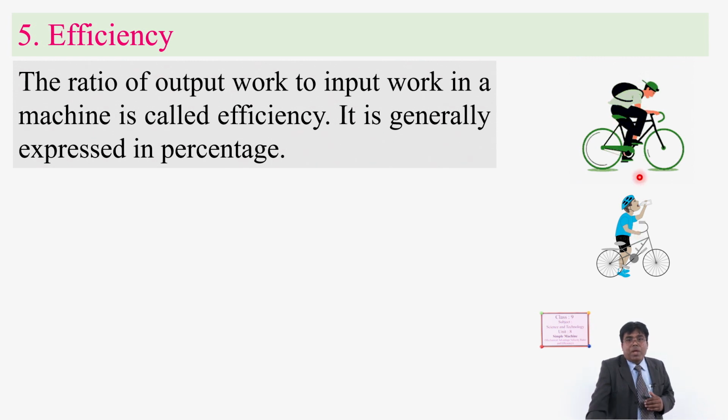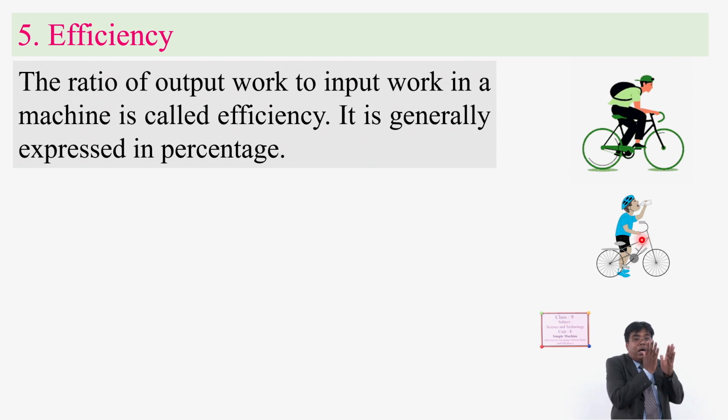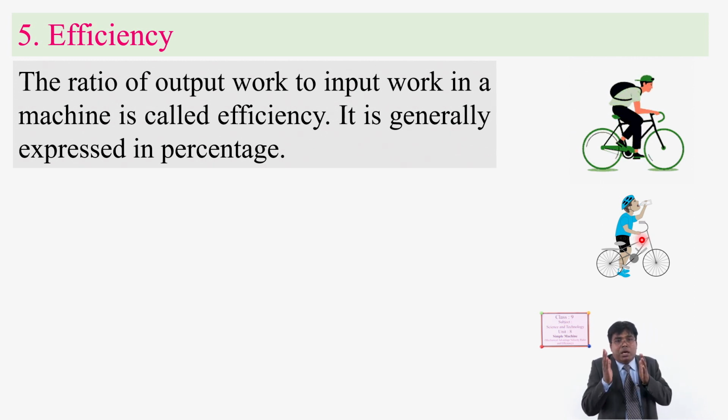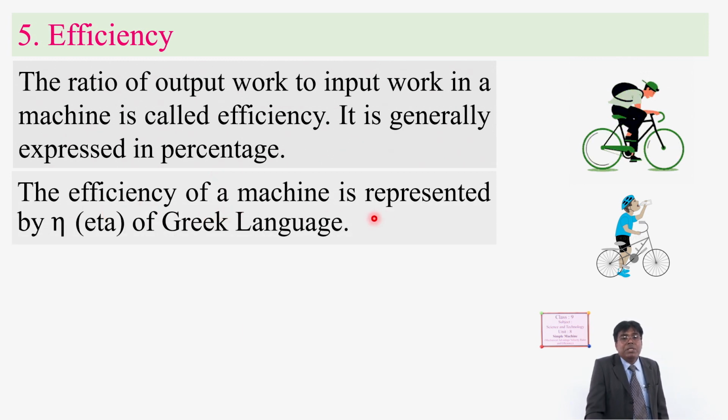Okay, so efficiency is just the ratio of how much output work you can do by using the input work, or how much work the machine does by using the input work. It is generally expressed in percentage. That's why efficiency of a machine is represented by eta, a Greek letter. So the Greek eta symbol is used to represent efficiency.